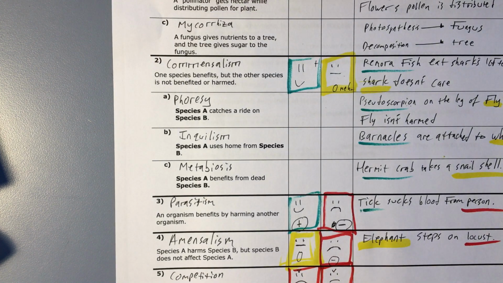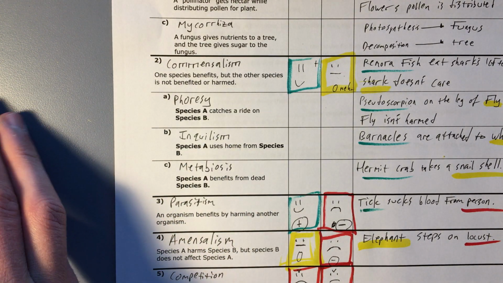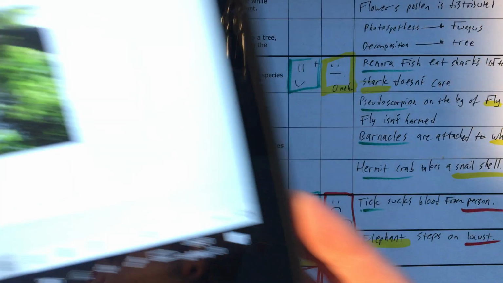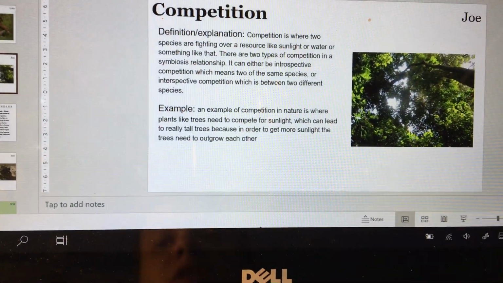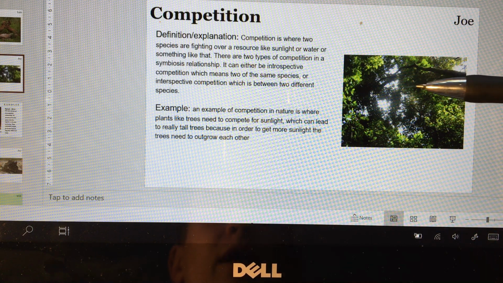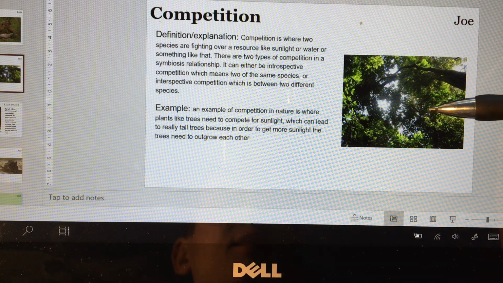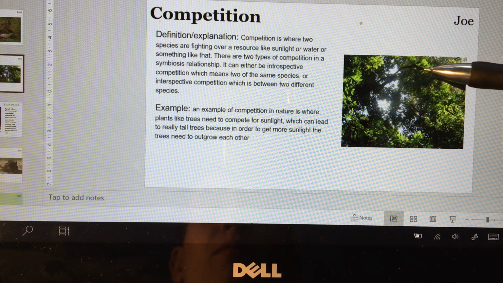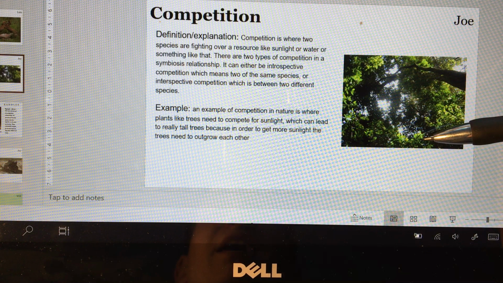So this competition could be between two individuals of the same species or between two individuals of different species. So for instance, here's one Joe found, all right. Plants need sunlight, and so the tall trees are going to get more sunlight, and they're going to try to outgrow each other. The smaller trees at the bottom are not going to get very much sunlight.